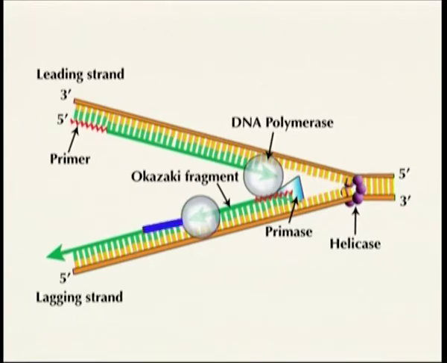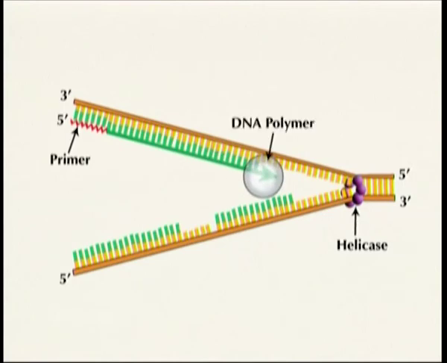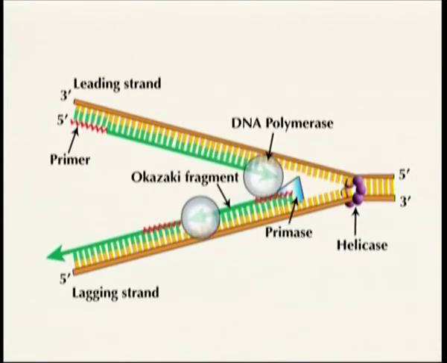When more bases of template DNA opens up and the size of the fork is increased, a new primer is synthesized and gets annealed at the 5' end of the fork, and the entire process is repeated until the polymerase has reached to the first primer.